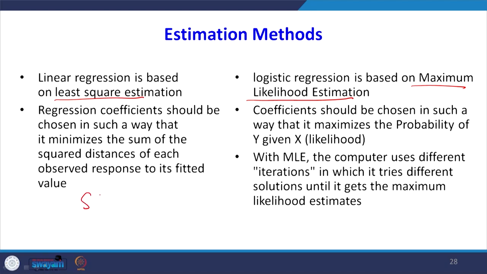Nothing but the error sum of squares has to be minimized. But here the coefficients should be chosen in such a way that they maximize the probability of y given x. With maximum likelihood estimation, the computer uses different iterations in which it tries different solutions until it gets the maximum likelihood estimates. That is why many times solving logistic regression by hand is very difficult.